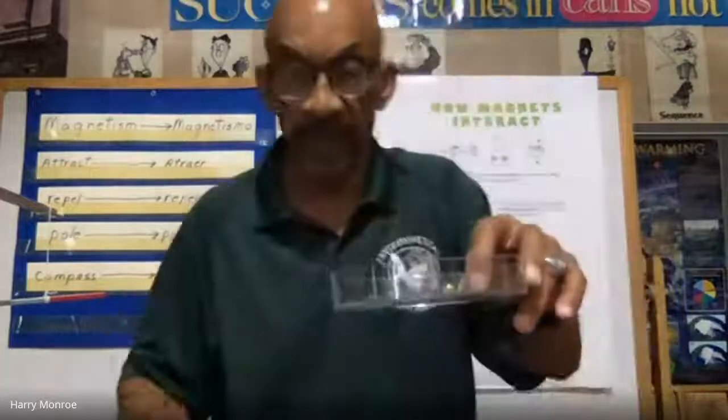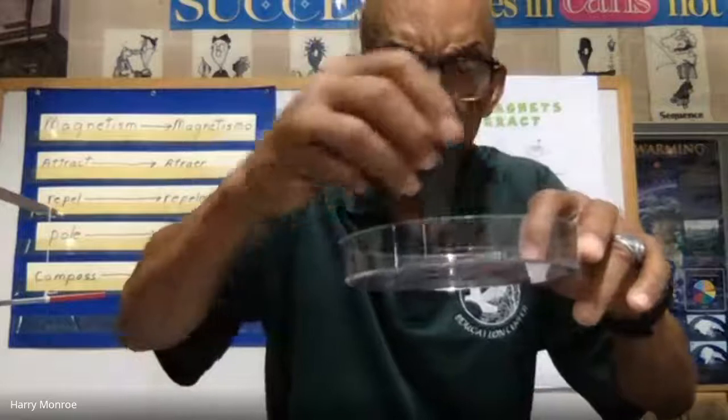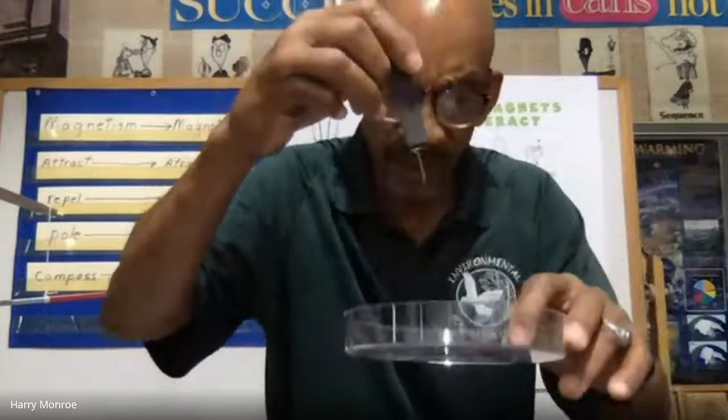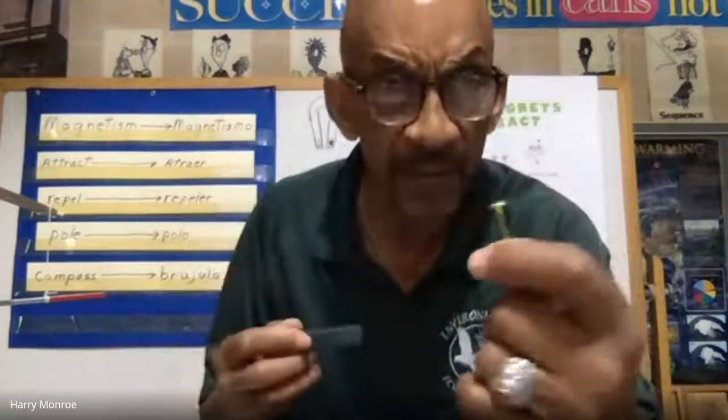Now, I'm going to take that same bar magnet. Whoa, it won't pick up anything except the brad. Now, that's kind of strange, because I assumed that because this brad was a goldish color, maybe it didn't have iron in it. But evidently, it does.